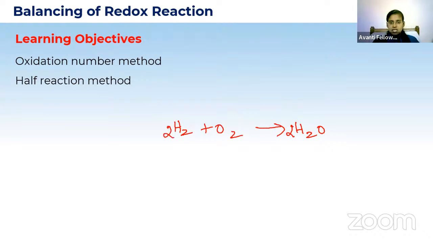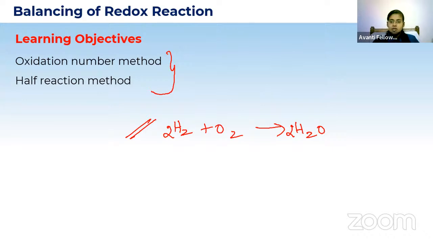To balance a redox reaction, we are going to use these two methods, which means it is different. Balancing a redox reaction is different from balancing normal reactions. In the case of normal reactions, we balance only the atoms.